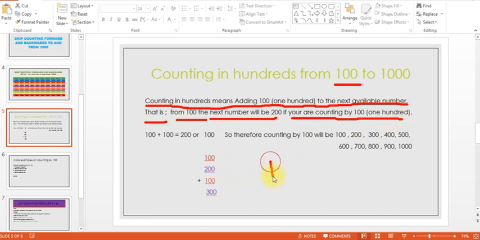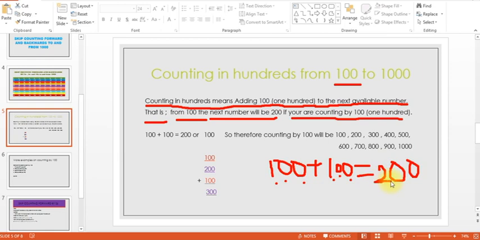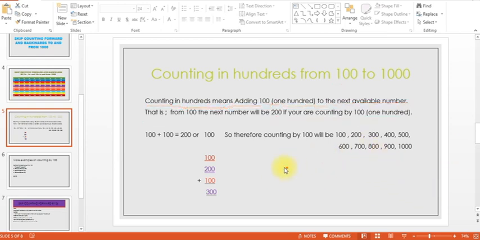We add 100 to this one: this plus this gives us 0, this plus this gives us 0, and this plus this gives us 2. So the next available number after counting from 100 will be 200.